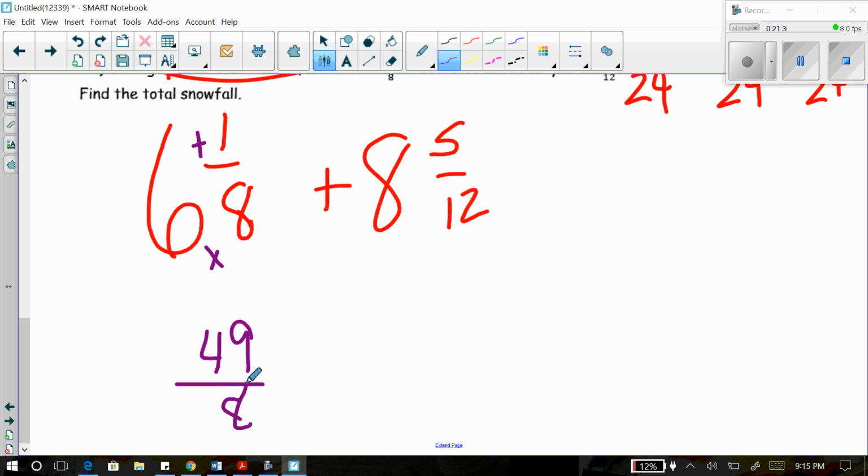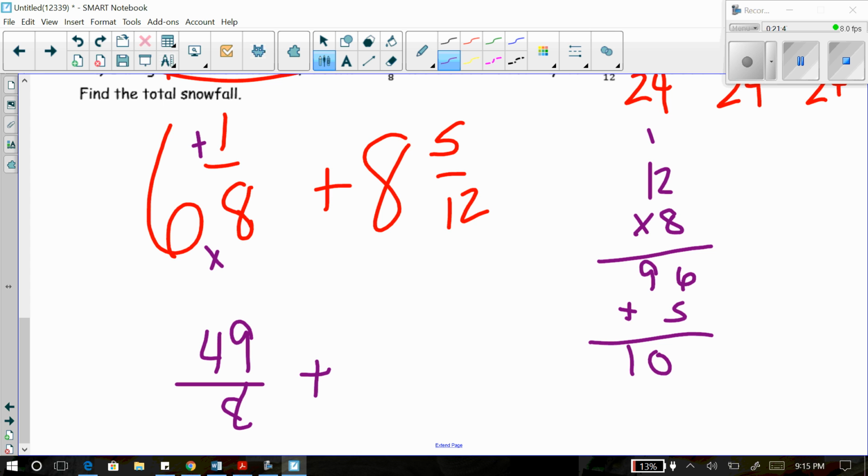Okay. 6 times 8 is 48, plus 1 is 49. 12 times 8, 96, right? Plus 5, 101 over 12.